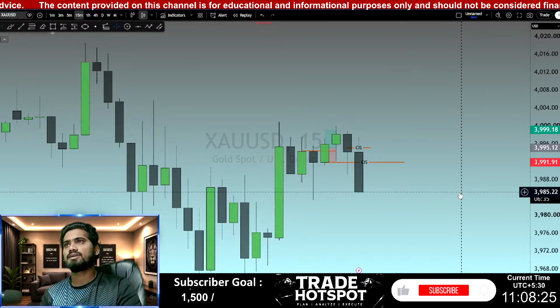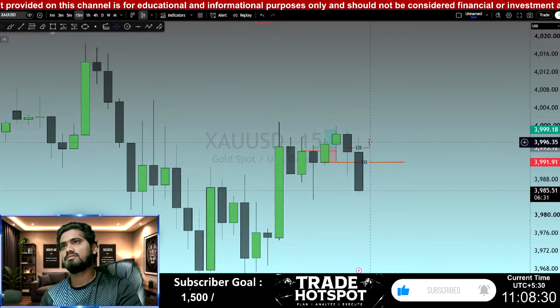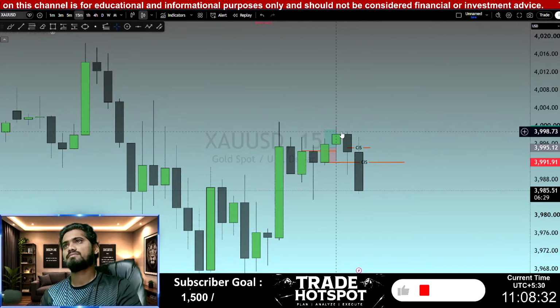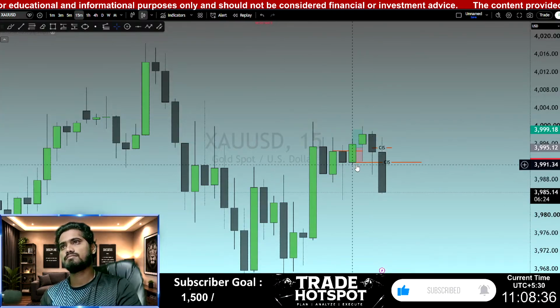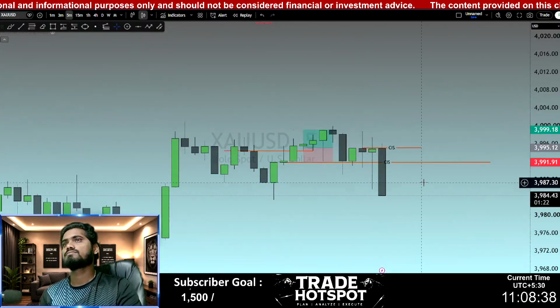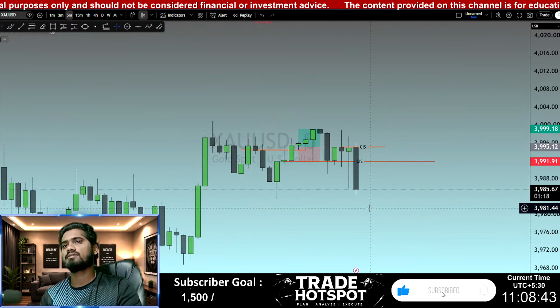Okay, there is no strong confirmation on the top side, like no liquidity sweep here. I mean, there is a liquidity sweep, but on 15 minutes it's not.